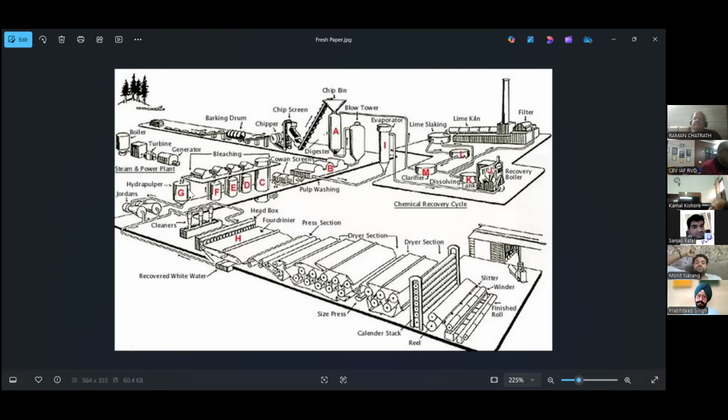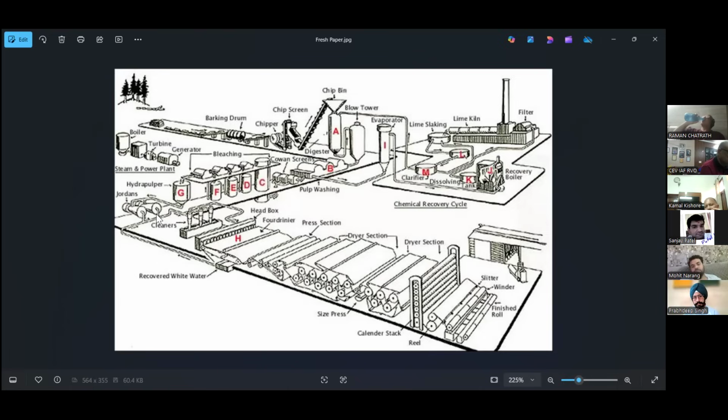And further it goes to the hydropulper. It is again a cleaning process, with Jordan and various types of cleaners. So all the unwanted or undigested knots are removed in the screening process or in the cleaning process.